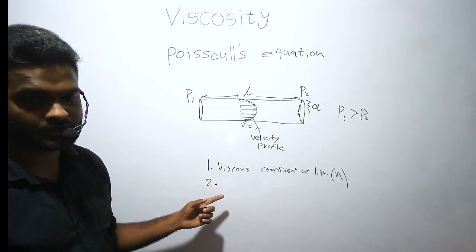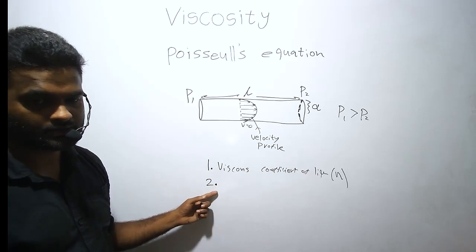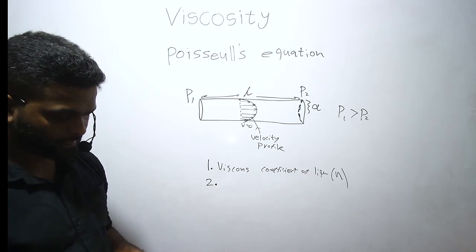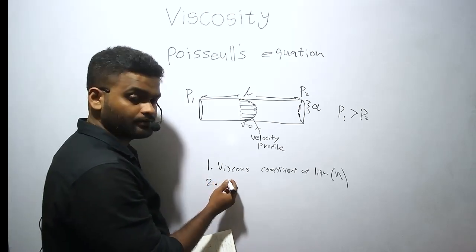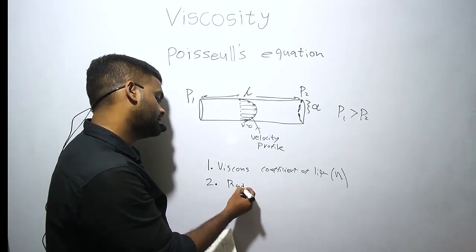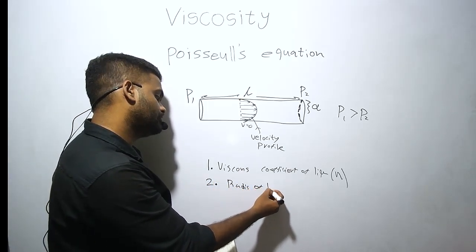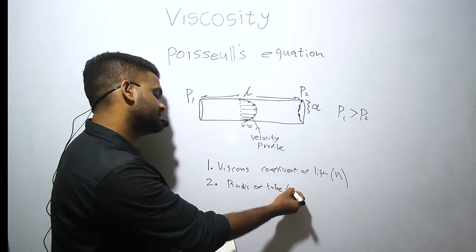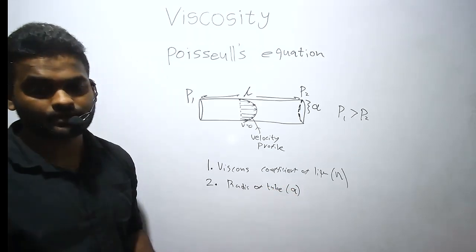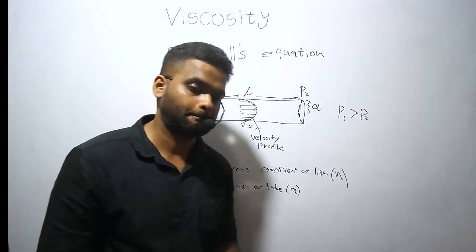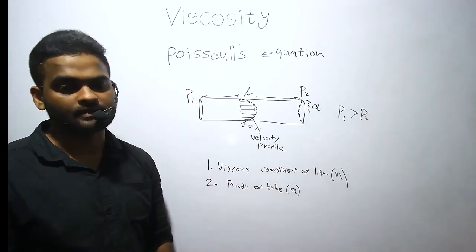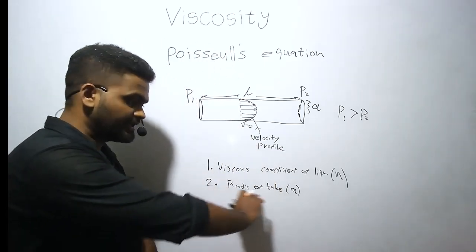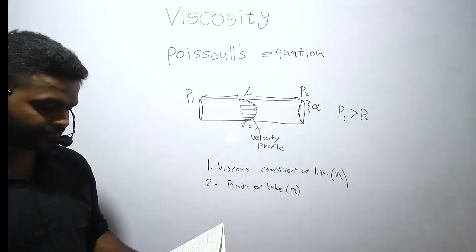Second one, radius of tube, simple A. That is the second one, radius of tube, A.